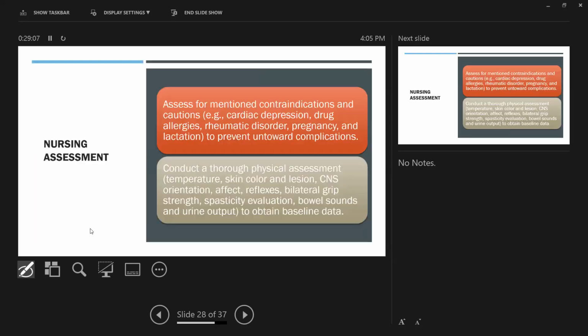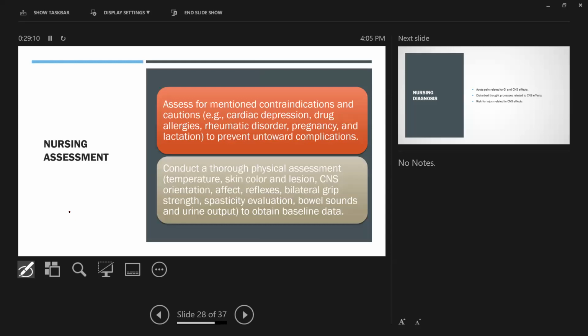Nursing considerations. So assess for the mentioned contraindications and allergies. Again, if they have rheumatic disease, don't use it. Pregnancy, lactation. That way you just get those out of the way right away.